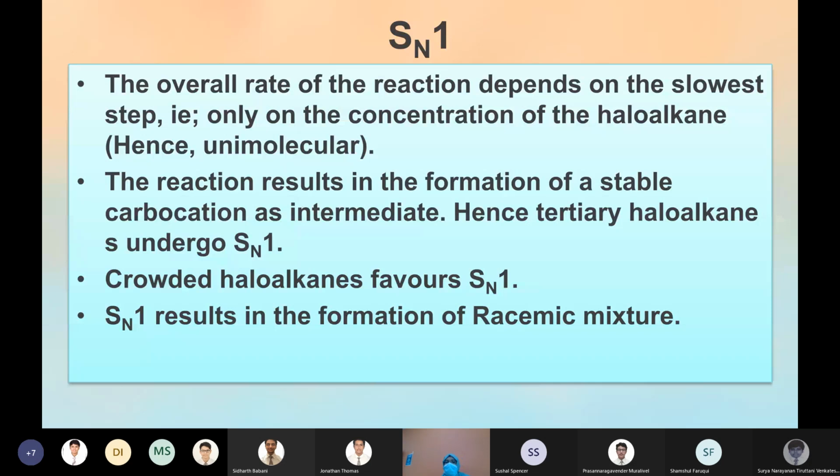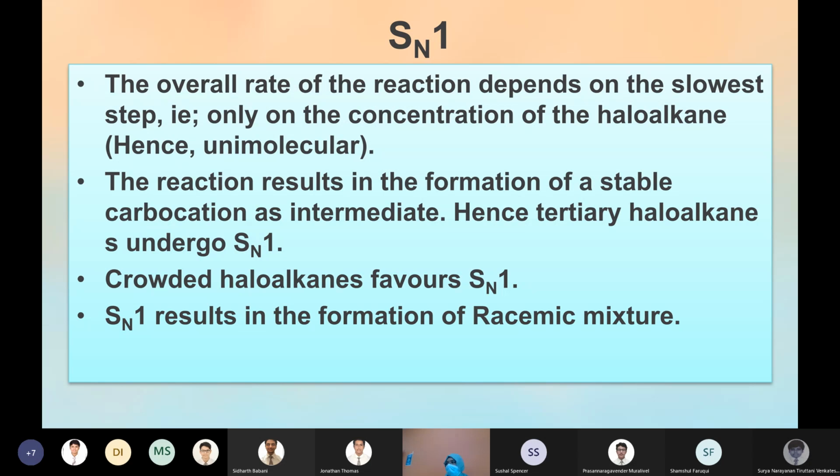And SN1 results in the formation of a racemic mixture because you're getting both retention and inversion happening simultaneously. Equal chances are there, so 50-50 composition in a racemic mixture. It doesn't happen always?